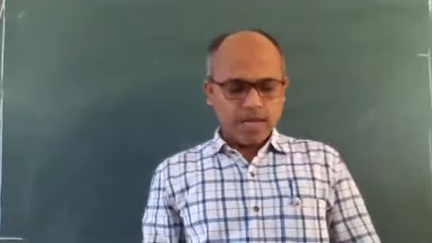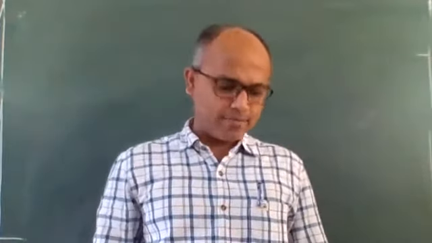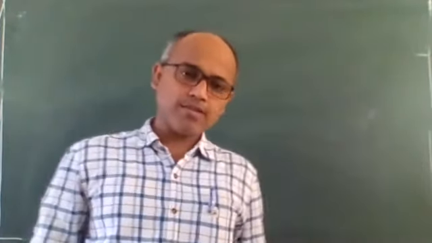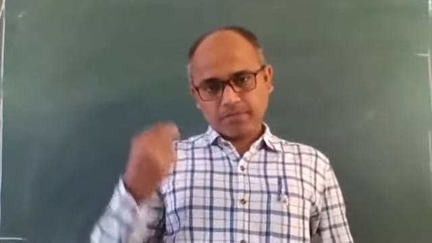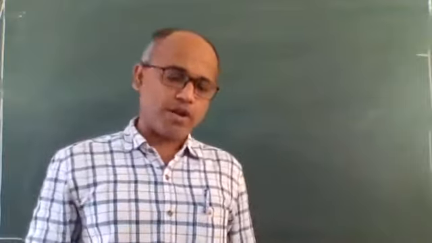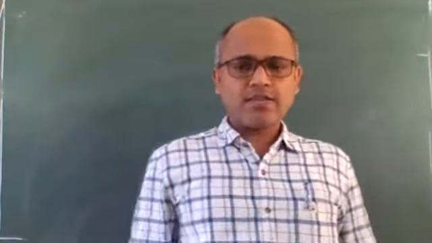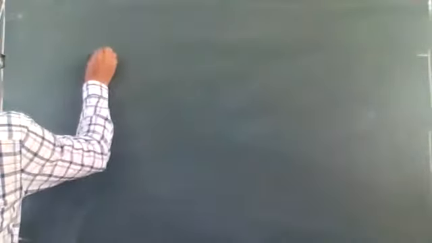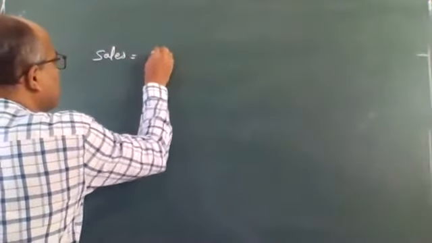Okay, having discussed sales budget, now we move on to the second type of budget, the production budget. As I told you, production budget basically speaks of how many units of finished product we have to produce. Now, let us take a simple example. My sales are 50,000 units.